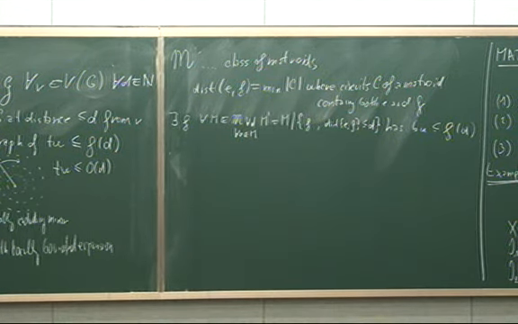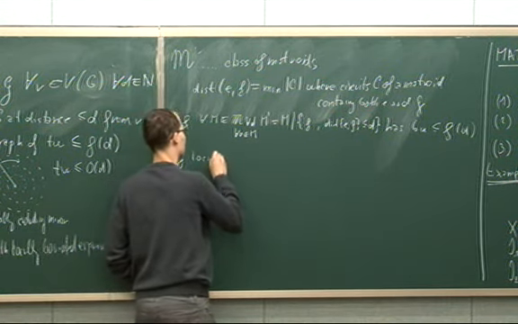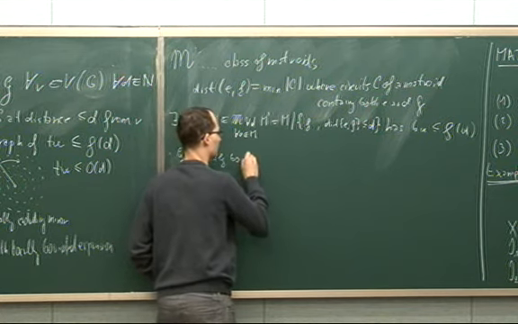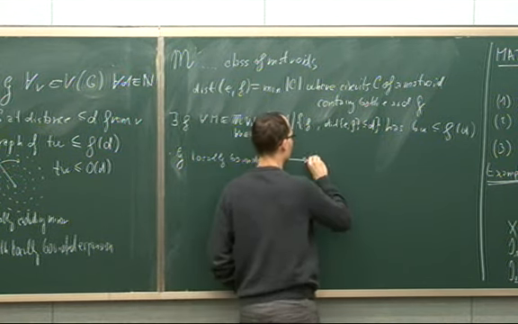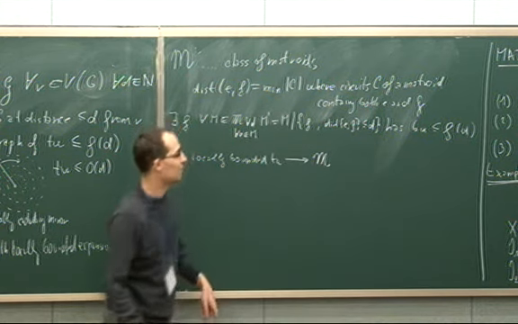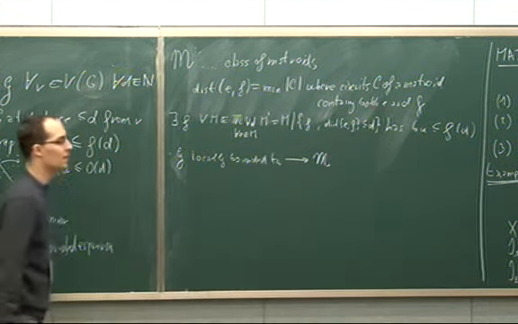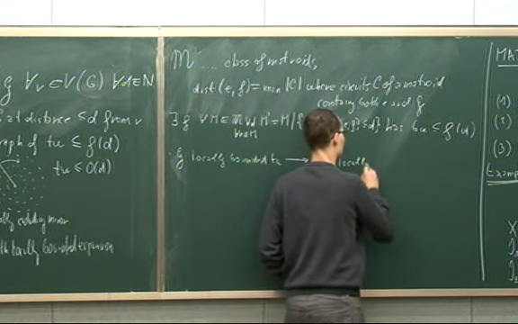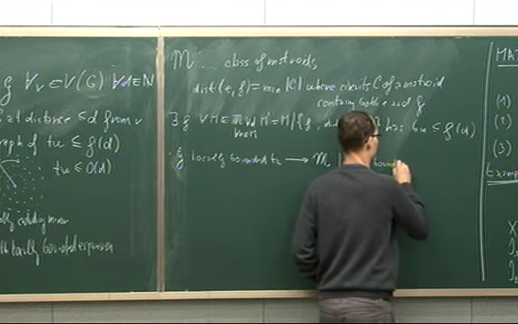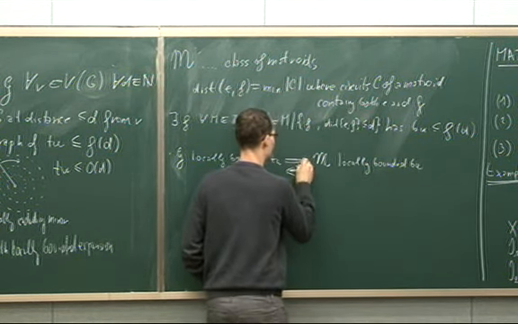So the nice property is that if G is a class of graphs with locally bounded tree width, then the corresponding class of graphic matroids obtained in this way has locally bounded branch width. But the converse implication is not true.